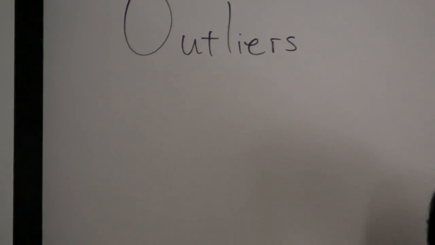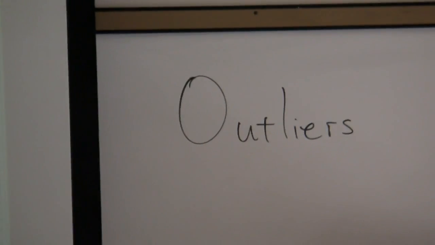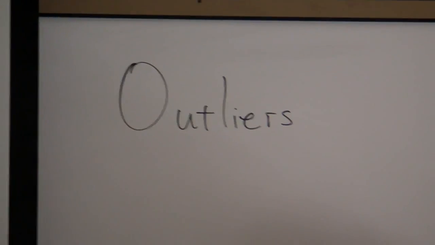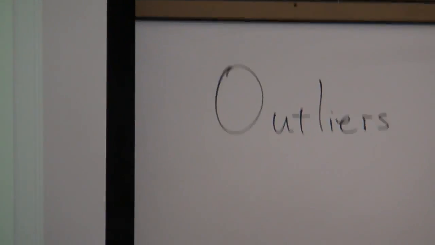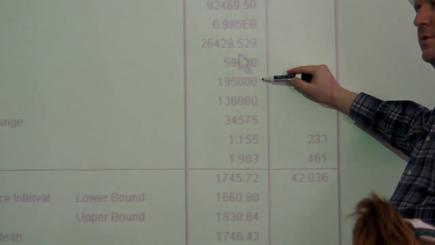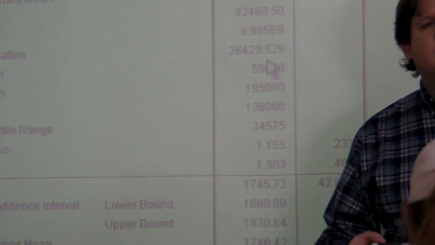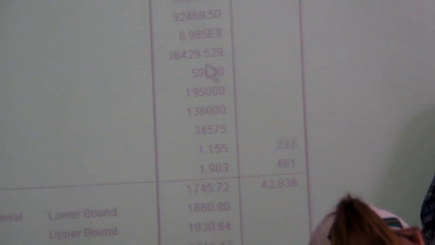But how do you find outliers? Like if you were to look at this data set of housing prices, we see that the min here is 59,000 something. The max is 195,000. Is that an outlier or not? 195 doesn't look too unusual, but is it unusual?